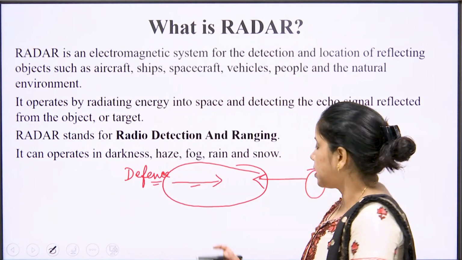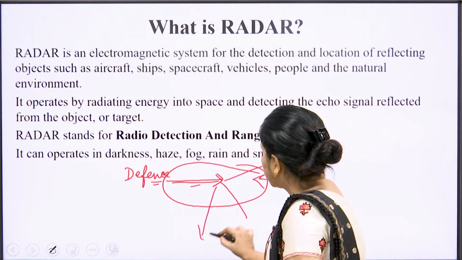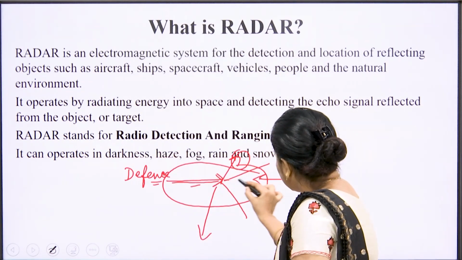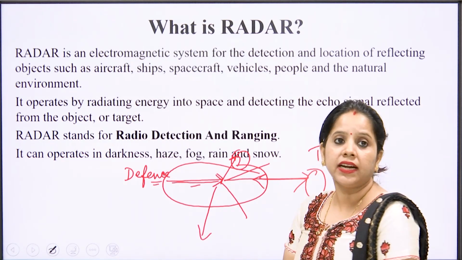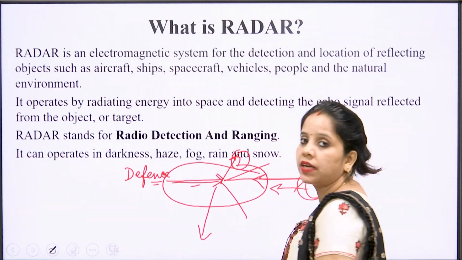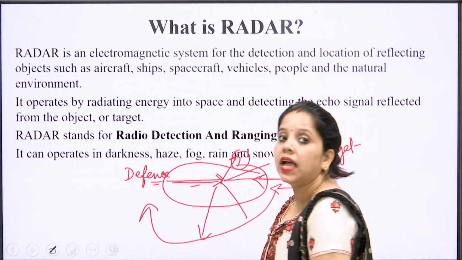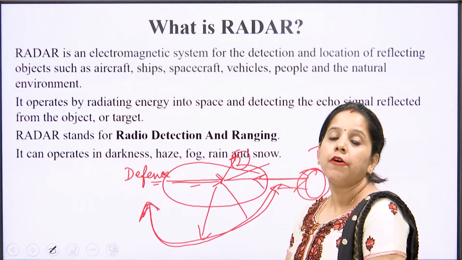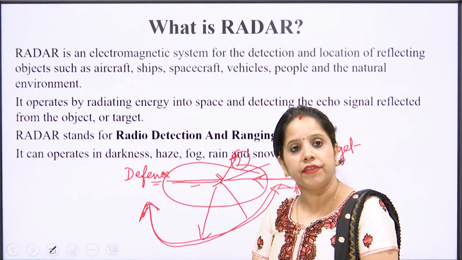Whenever some signal is transmitted from the radar, it is transmitted in all directions, and whenever it gets in contact with the target, of course, whenever any obstacle comes in the path of the signal, some signal gets reflected back, and this signal is again received by the radar for detecting whether the target is present and where it is present.